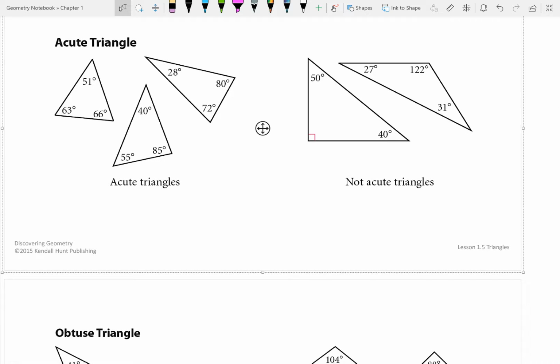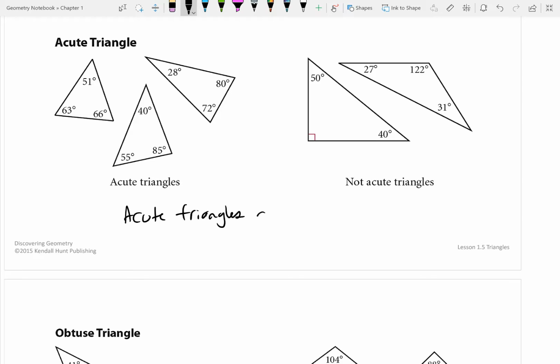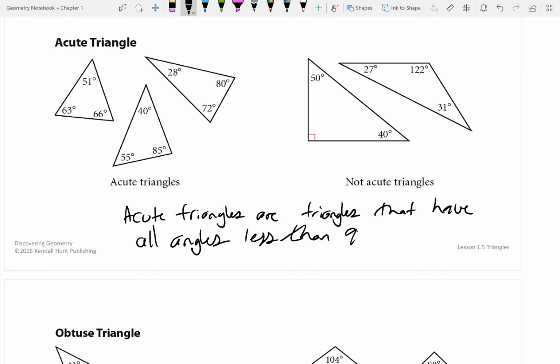Okay. Acute triangles, acute triangles. Acute triangles are triangles that have all angles less than 90 degrees.